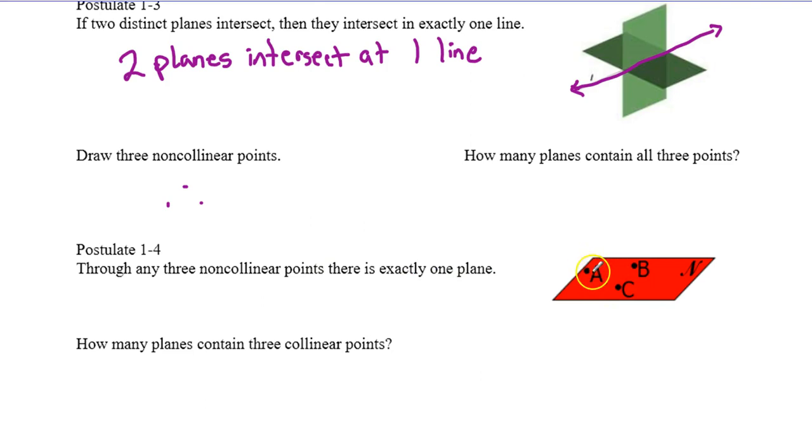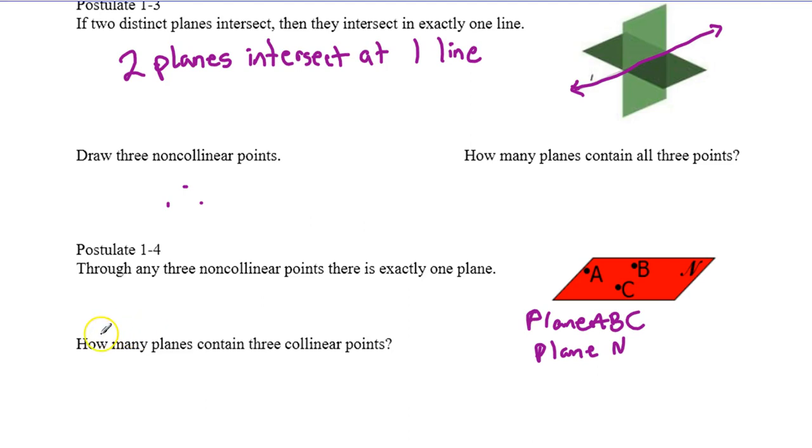So this red diagram here where we have A, B, and C is an example of that. And we would write this as plane ABC, capital letters. Or we could write this as plane N.